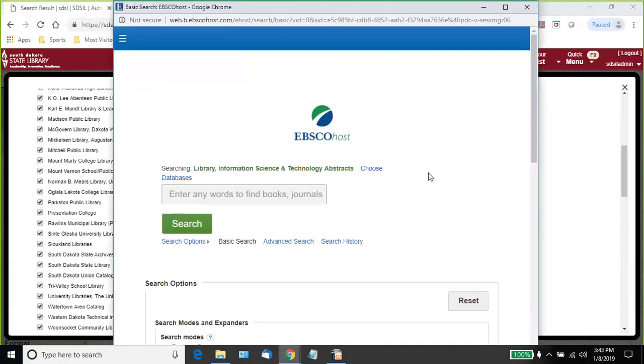And of course, we also have an A to Z list, and subject listings on the state library web pages so that people can go directly there to search them as well. So you can see it just opens up the EBSCO window for that particular resource.